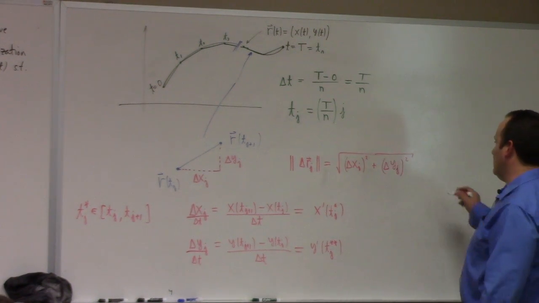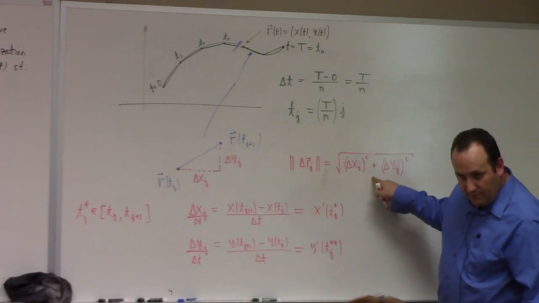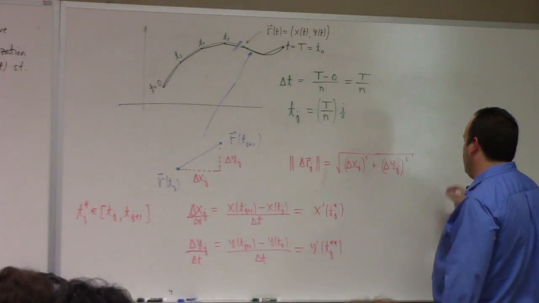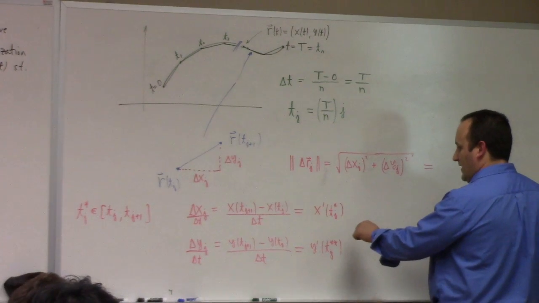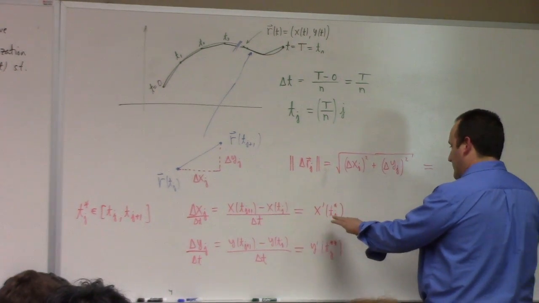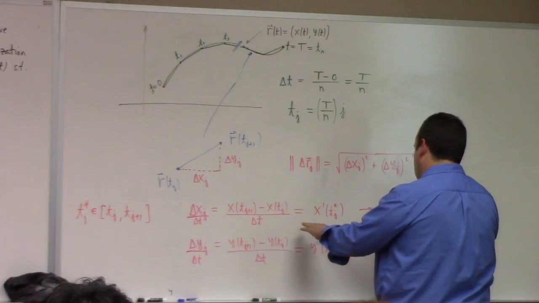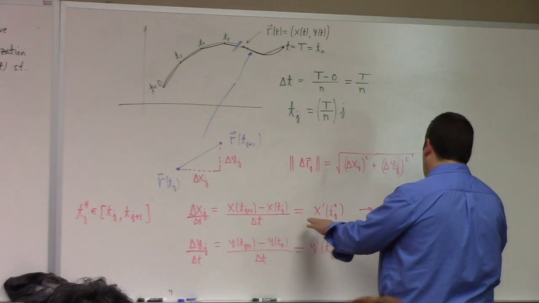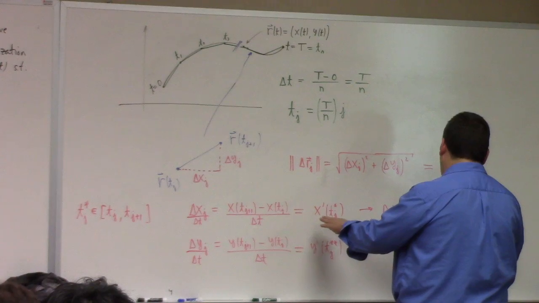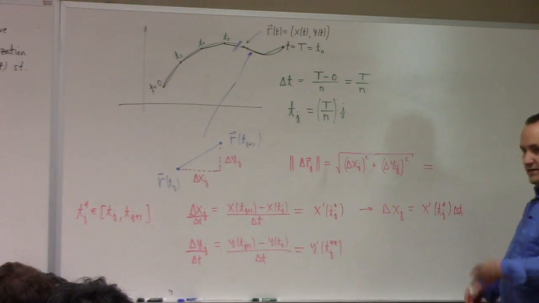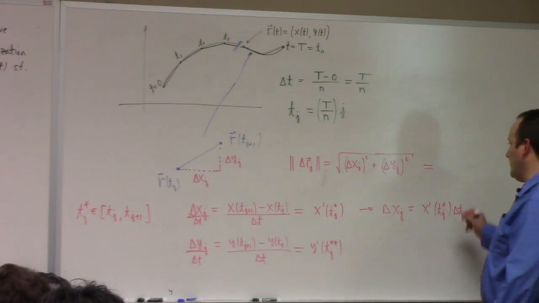But my point is, this can be rewritten, right, as what? Well, see what I have? Basically I can write delta xj as equal to x prime of tj star times delta t. And I can do the same thing with delta y, right?